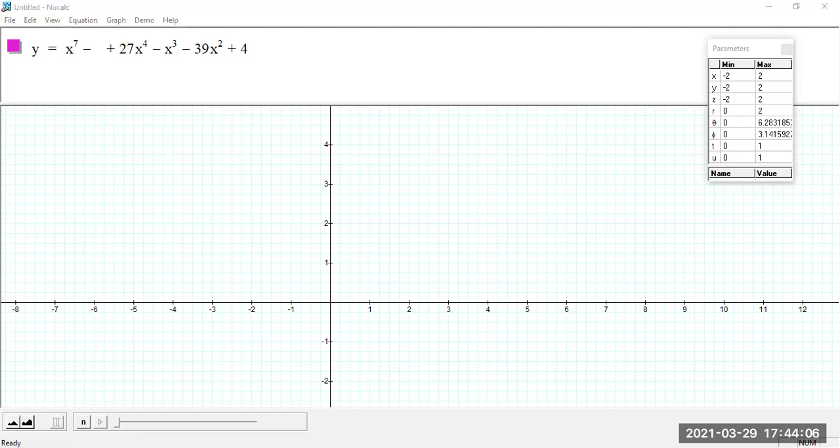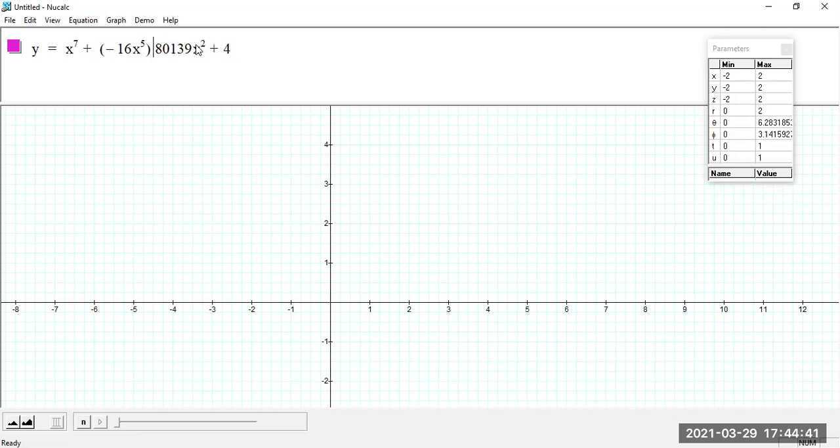Minus 16x to the 5th, and then what, x cubed? 75x cubed minus 108x.